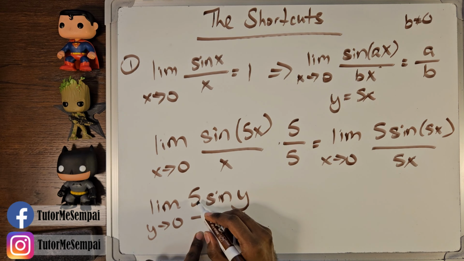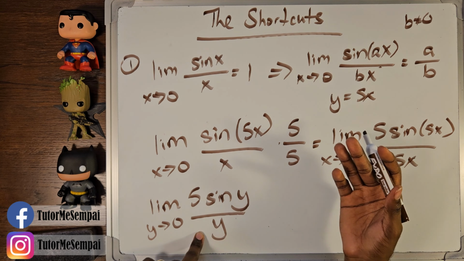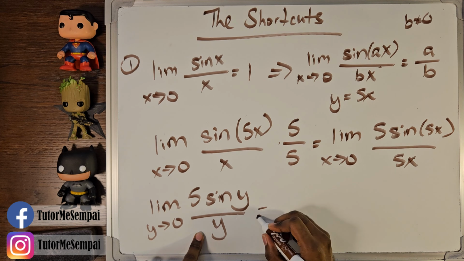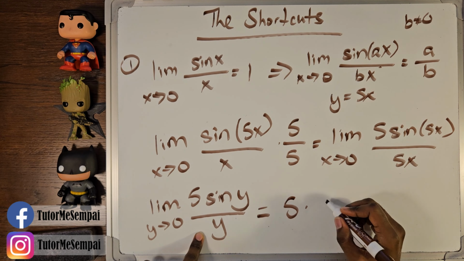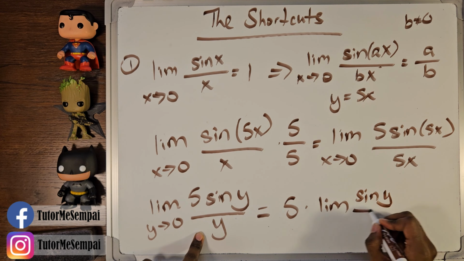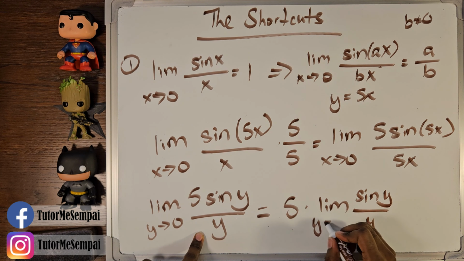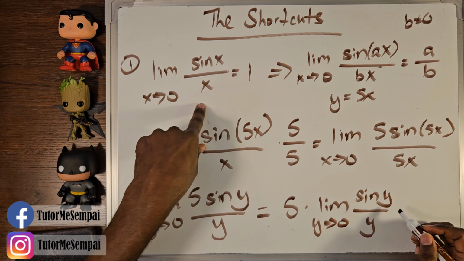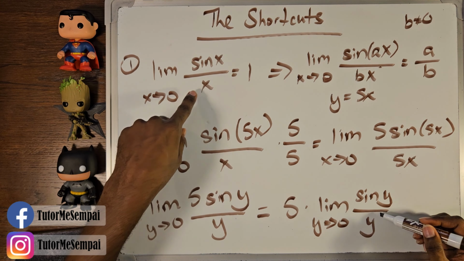And you know that the limit of a constant is always going to be the constant. So you can break this up to be 5 times the limit of sine of y over y as y goes to 0. And we already said that this is true. Now this looks just like this.